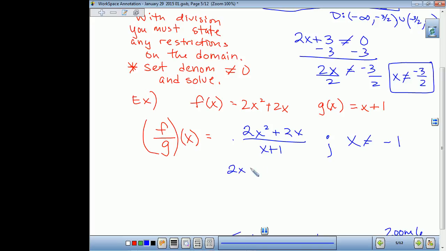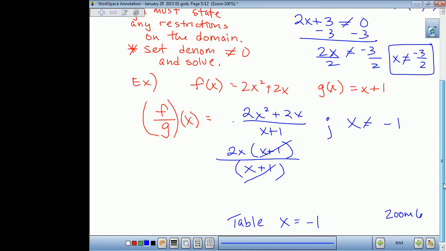So we take out the 2x, and we're left with x plus 1. And we had x plus 1 in the denominator. So it cancels out. So our answer is f divided by g of x is equal to 2x with a restriction where x could never be negative 1.